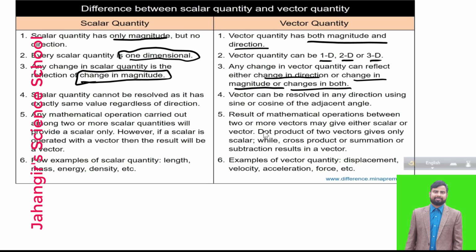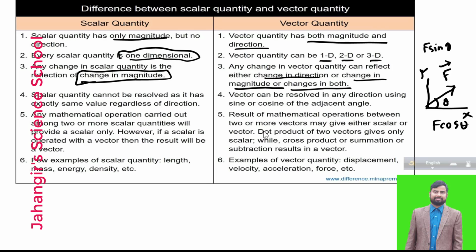Resolution is like we can find out the horizontal component and vertical component of a vector quantity. If F is a force or any vector quantity, with the x-axis and y-axis, and the angle between the vector F and the x-axis is theta, then we can find the horizontal component F cos theta and the vertical component F sin theta.